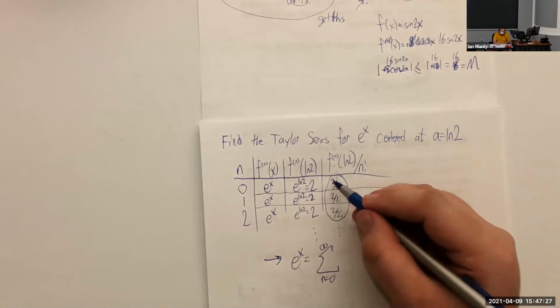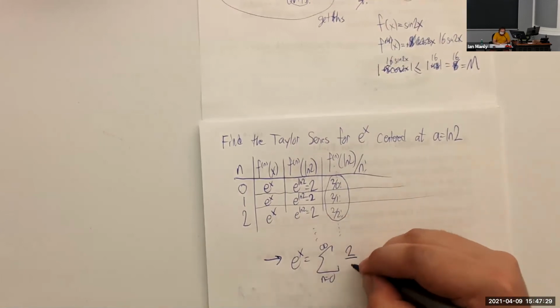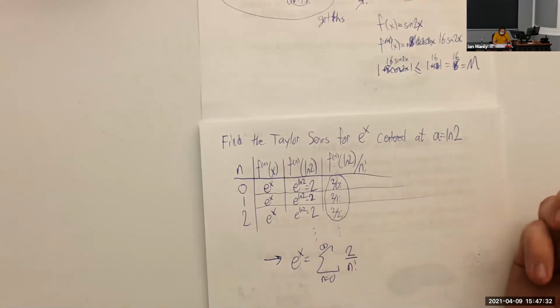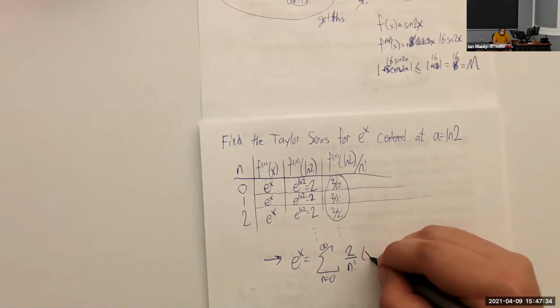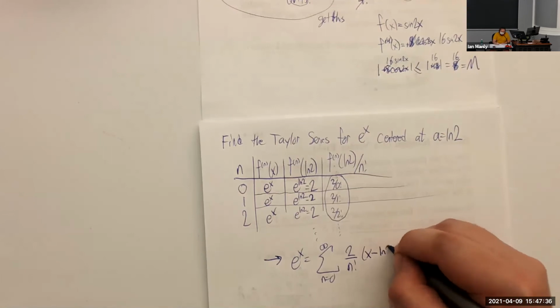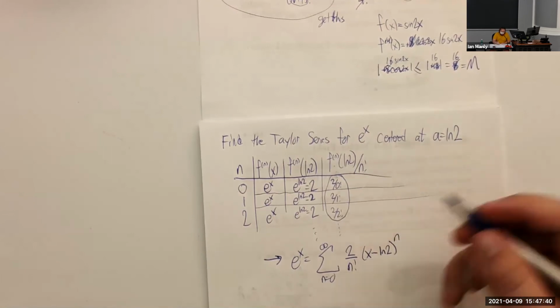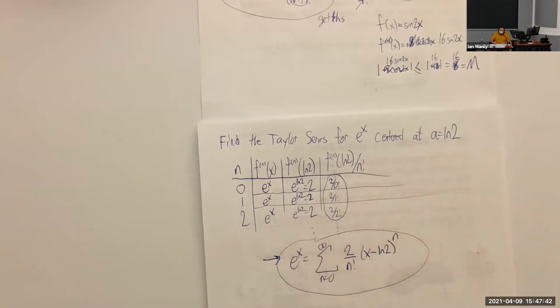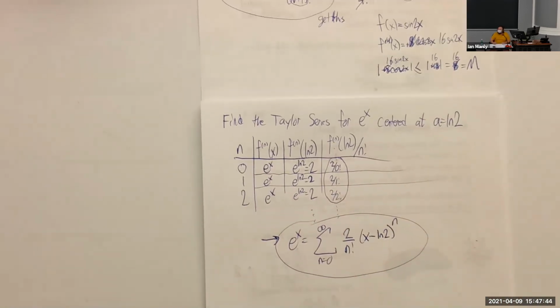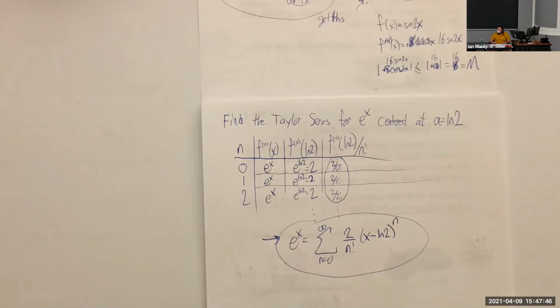Now our pattern was 2 over n factorial. So we have 2 over n factorial, and then we always do x minus the center, and then that's going to be raised to a power here. So this will be our Taylor series centered at natural log of 2 for e to the x right here.